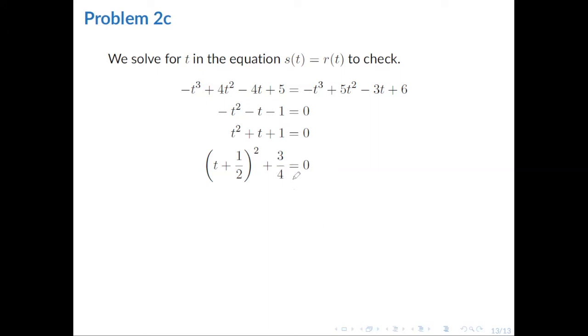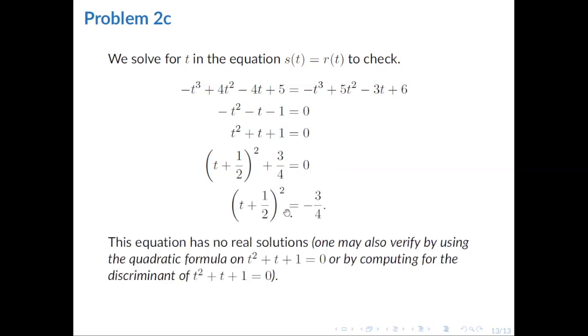Moving 3/4 to the other side, we have the quantity t plus 1/2 squared equals negative 3/4. If we take the square root of both sides, the right side becomes imaginary. That means our equation has no real solution. You can also verify this using the quadratic formula or by computing the discriminant.